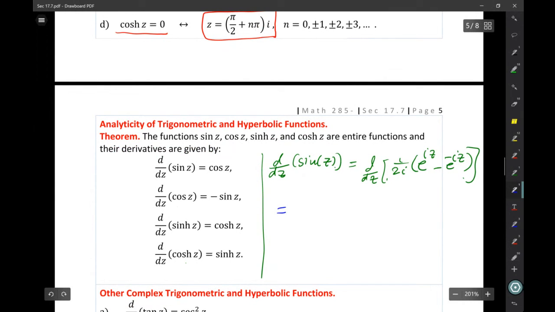That becomes 1 over 2i times, what's the derivative of e to the power iz? It is i e to the power iz, minus the derivative of e to the power minus iz, which gives plus i e to the power minus iz.